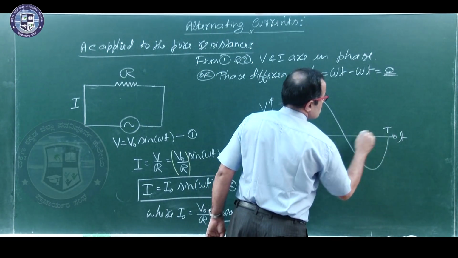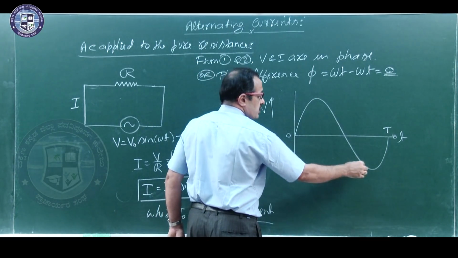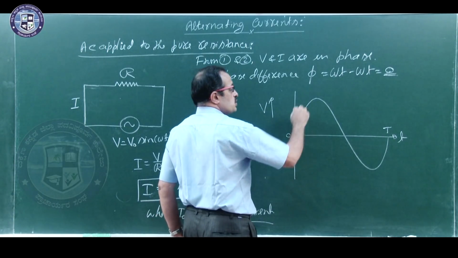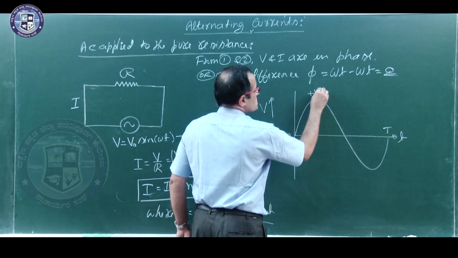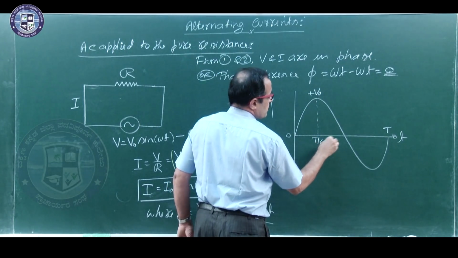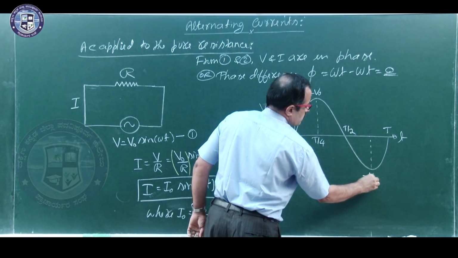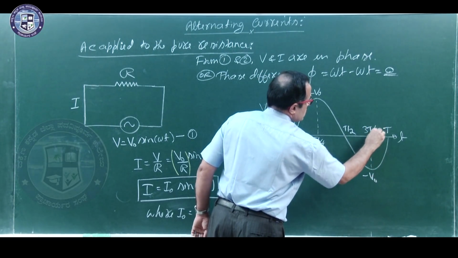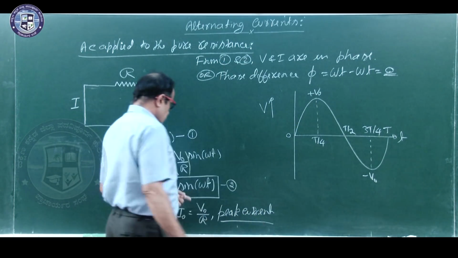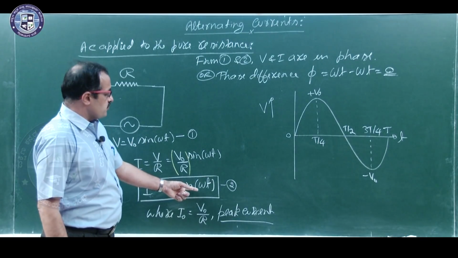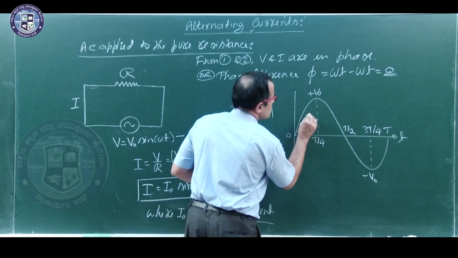So, first of all we mark the voltage, by a continuous solid line like this, plus V naught, this is T by 4, T by 2, minus V naught, 3T by 4. Then we plot the current. Current also varies with the same phase angle as that of voltage. Therefore, the graph of current is like this.